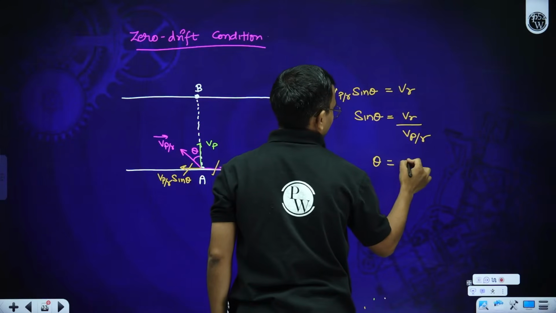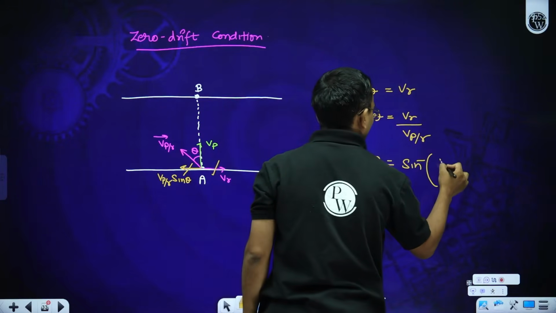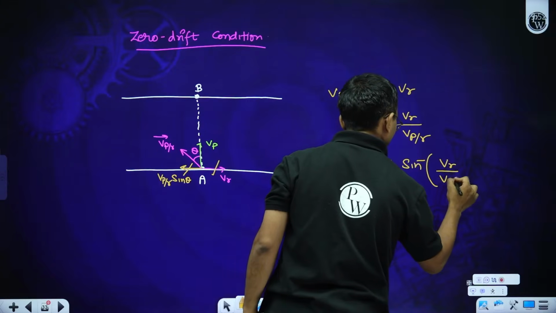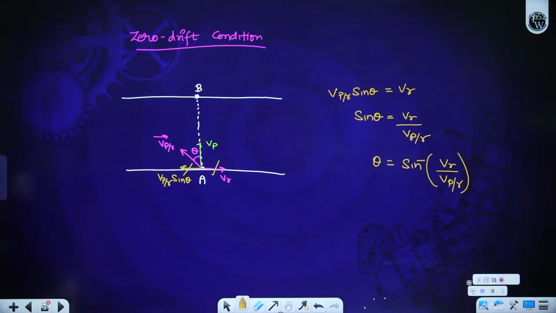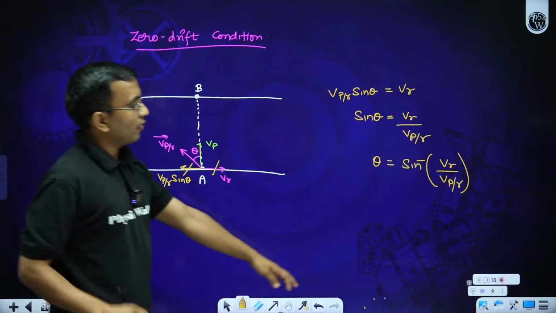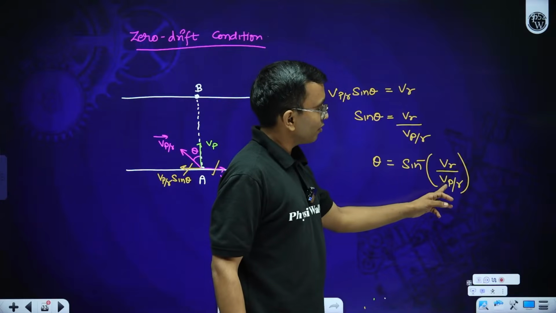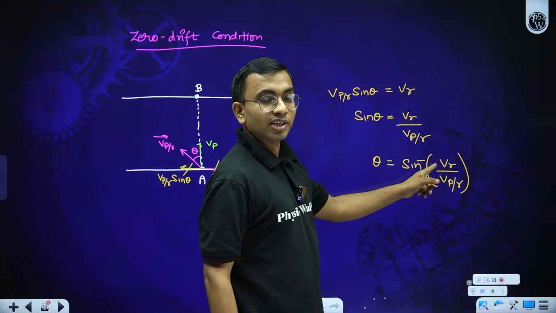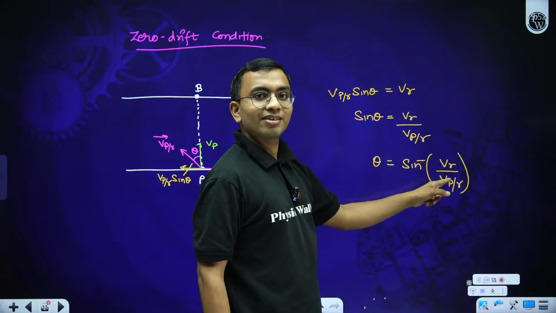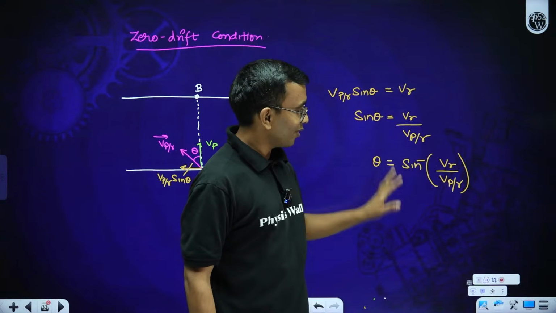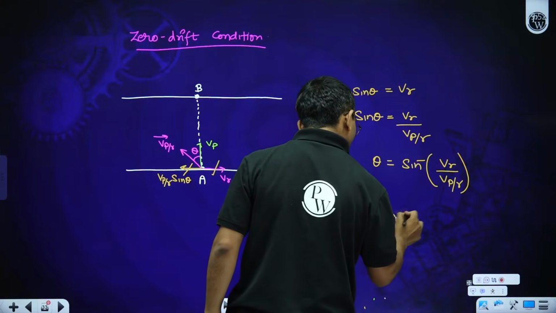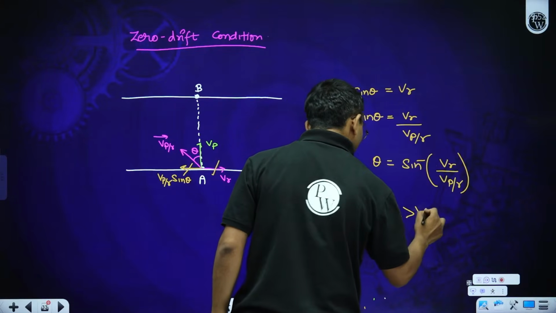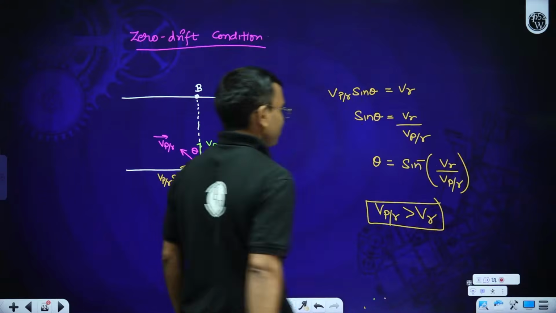So theta is equal to sine inverse of this. Now zero drift is only possible when the velocity of the person with respect to the river is greater than the velocity of the river. Sine theta has to be less than 1.